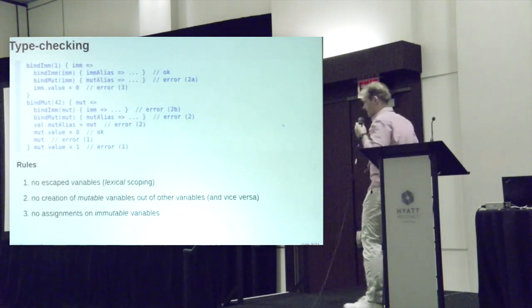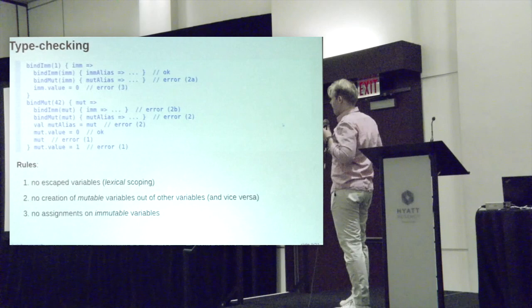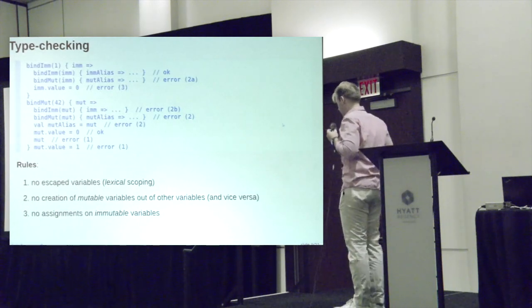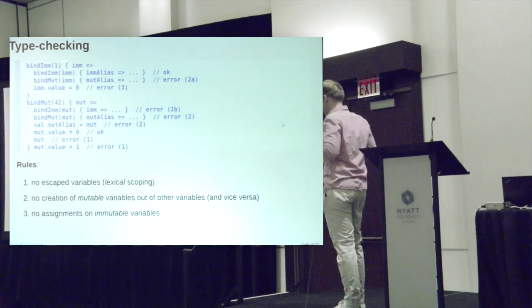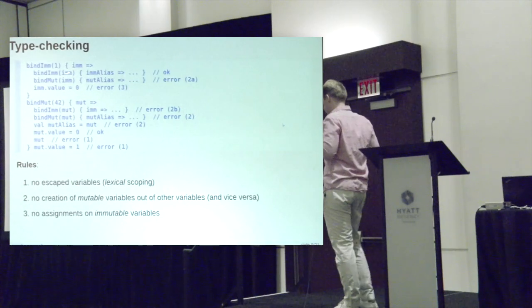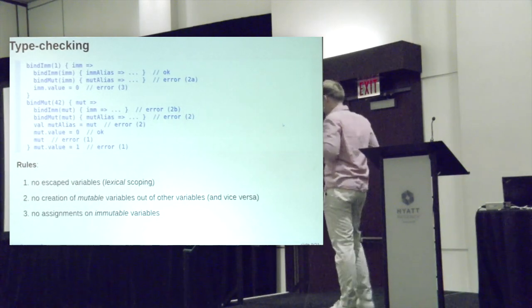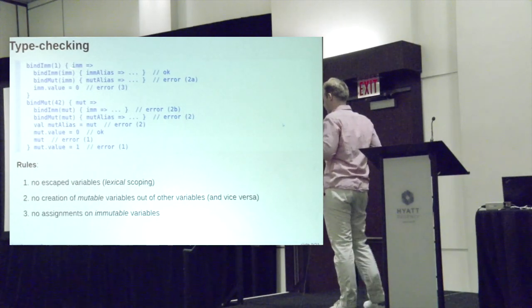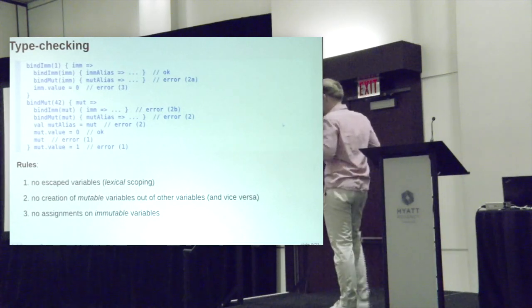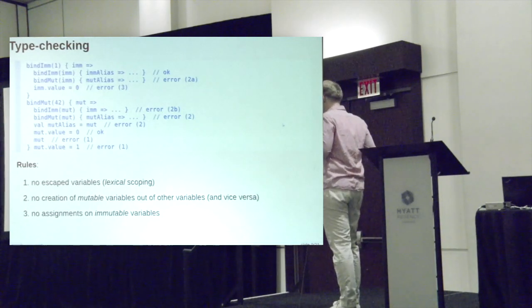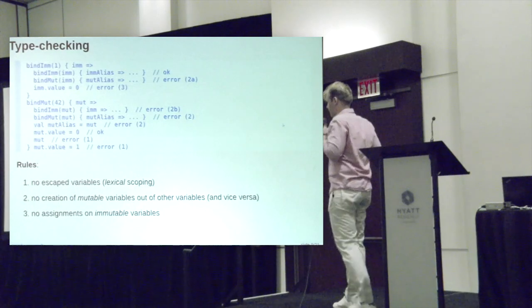Here is what we want to do. So here are the type checking rules that we want to enforce. If we bind something as immutable, then we cannot bind it again as mutable, or vice versa. But if we bind it again as immutable, that's okay.